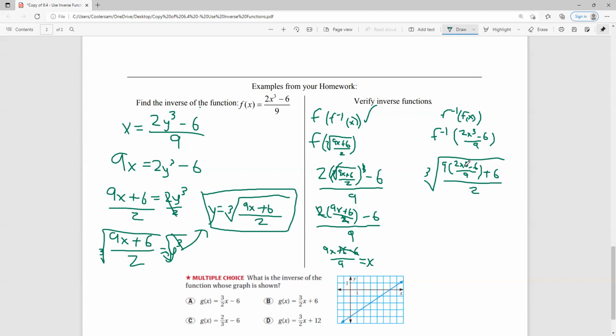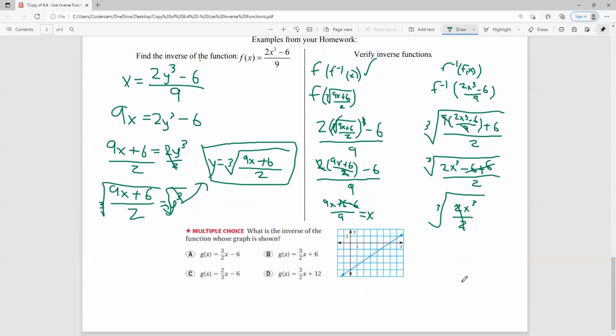All right. When I multiply, these 9s are going to cancel. So this is going to be 2x to the power of 3 minus 6 plus 6, over 2. These 6's are going to cancel out, so I'll be left with 2x to the power of 3 over 2.